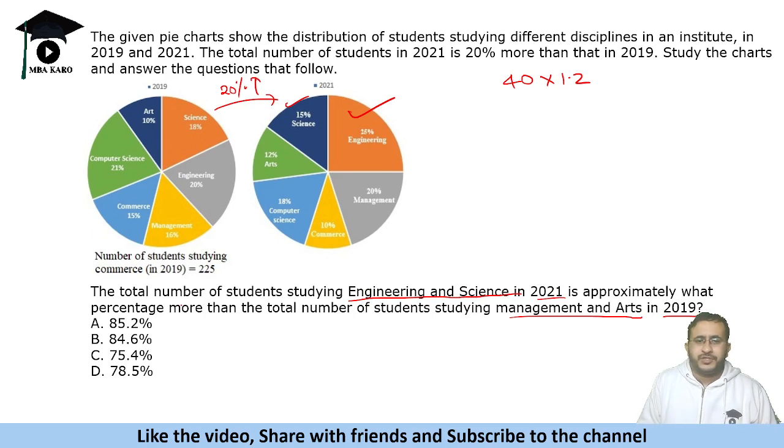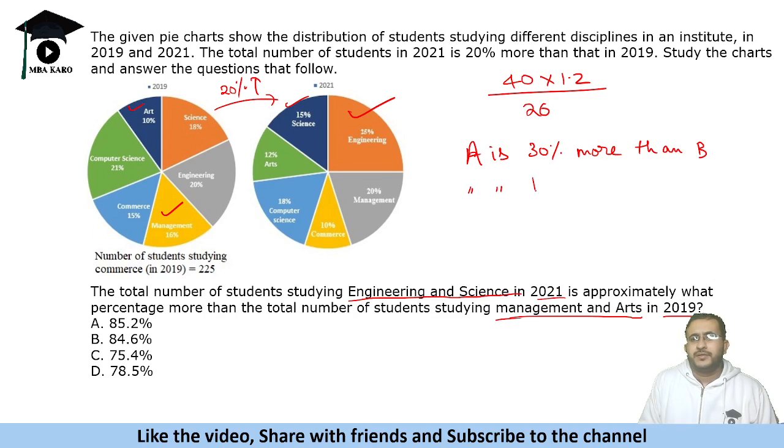It is approximately what percentage more than the total number of students studying management and arts in 2019? Management and arts, that is 26. Whenever we say what percent of, let's say if I say A is 30% more than B, and I say A is 130% of B, that means the same thing.